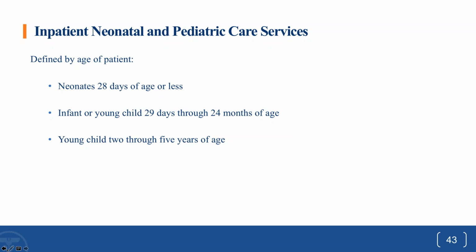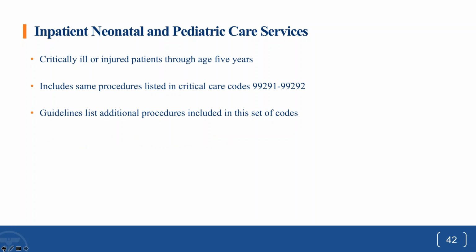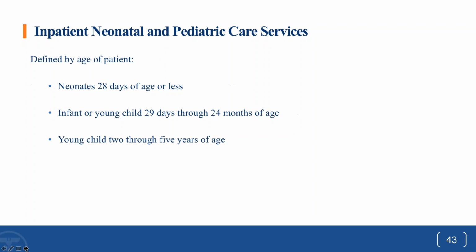Wait, let me go back so you can see the ages. Okay. This is from age 3 through 5. It includes same procedures of 99291 through 99292. And it says guidelines list additional procedures included in these sets of codes, which is on page 44.